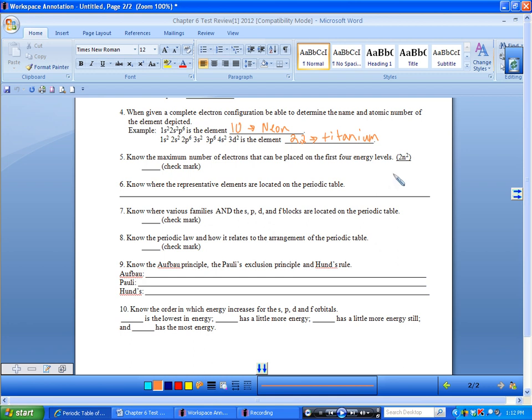You know, the maximum number of electrons are going to be placed on the first 4 energy levels. So I'm going to say 2 times 1 squared tells me that 2 electrons can be put on the first energy level. And I'm going to go ahead and do all 4 of them. 2 times 2 squared is 8, so 8 electrons can go on the second energy level.